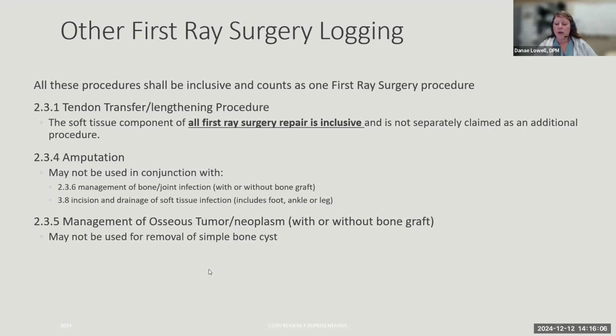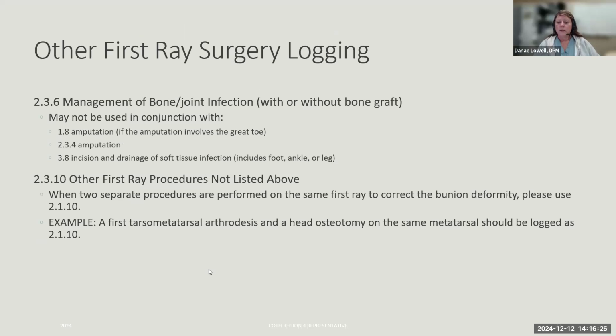Doing so is considered unbundling since the amputation itself is managing the infection and consists of an IND. Management of a bone tumor is used when excision is performed on a neoplasm versus excision of a simple bone cyst. Continuing on with managing infection, again, you cannot log additional procedures at the same time, such as amputation or IND.